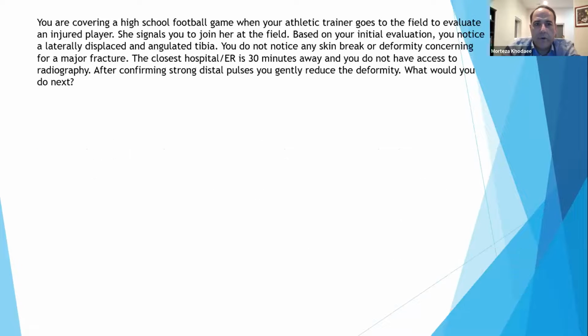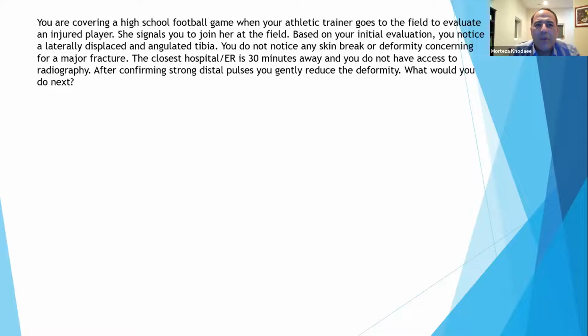Okay, great. So I have one more question. This is the same scenario, but a little bit different. Same thing: a high school football player gets injured, and the trainer signals you to evaluate. You go there, take a look, and expose the skin. There's no skin break, and there's no deformity concerning for a major fracture, like a tibial deformity or a femur deformity.